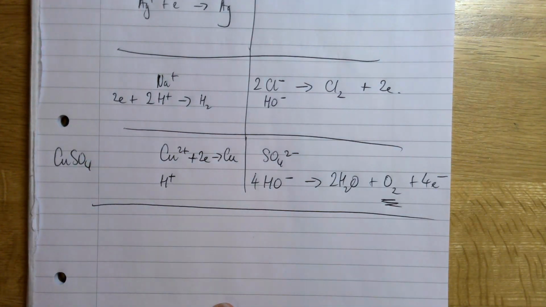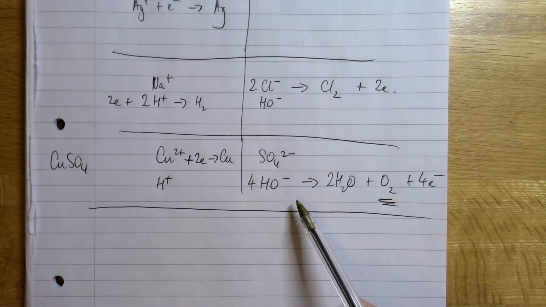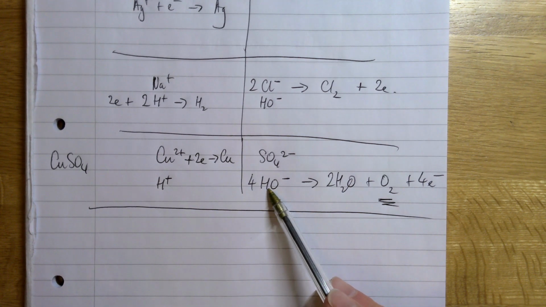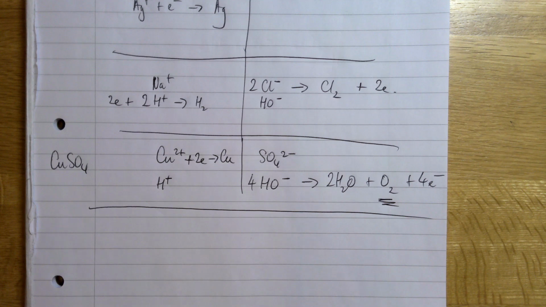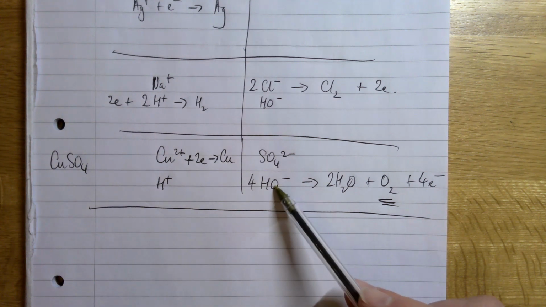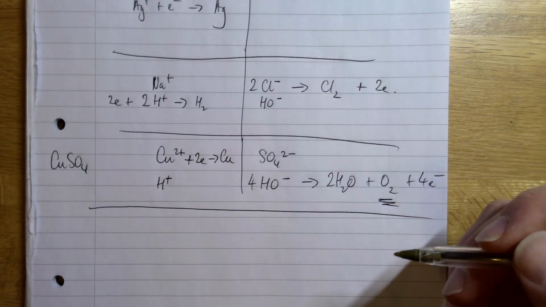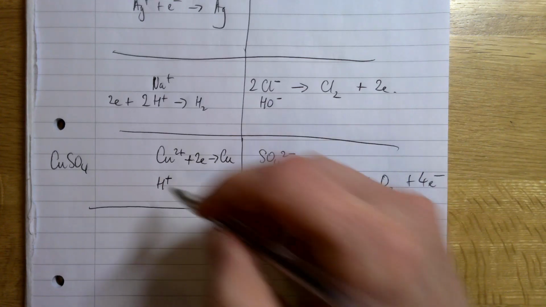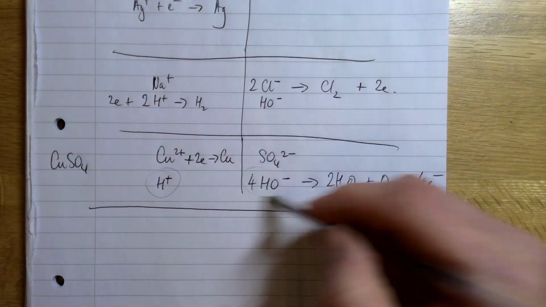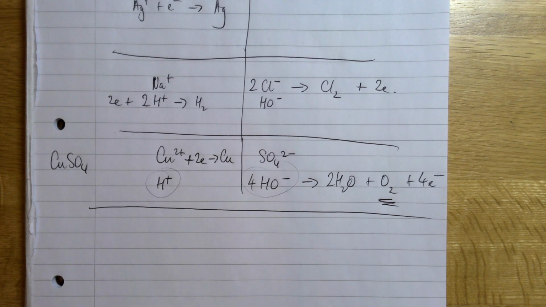Little final detail. Have a little think here. If hydroxide is being removed from the solution, if you're taking hydroxide away, you actually make the solution acidic. So if you've got copper sulfate solution, the water becomes slightly acidic because hydrogen ions will be left behind and hydroxide ions will be taken away from the water.